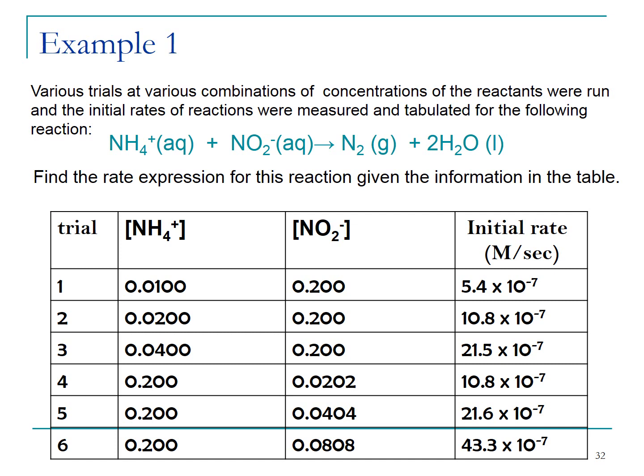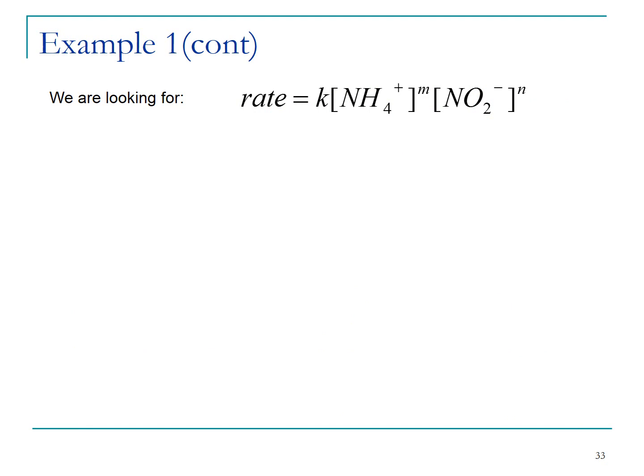So let's walk through the next few slides. We'll walk through what I just said again to see how we write that down. We always start out with the rate law, and the recommendation is always to write down rate equals k, then put the concentration of the first reactant in brackets raised to the little m power.